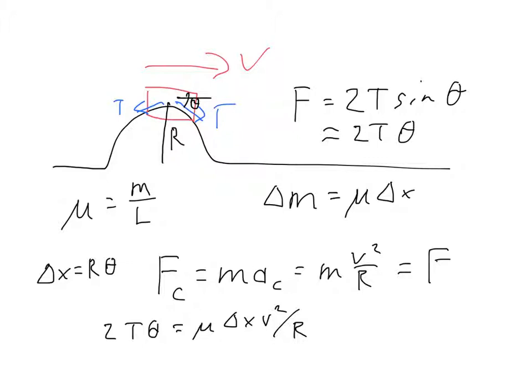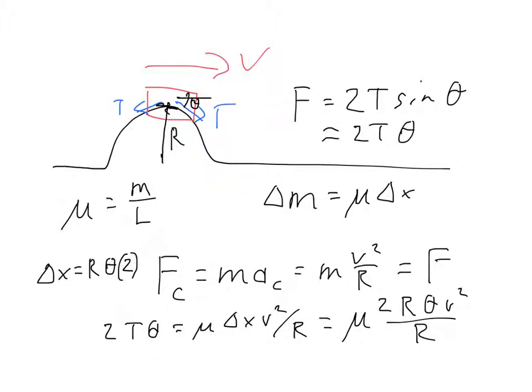And this angle should be subtending both to the right of that point and to the left here. So we can't just look at this part because otherwise it's not quite symmetric. So there should also be a factor of 2 involved. So if we plug all of that in, we'll get mu times 2 times r theta v squared over r.